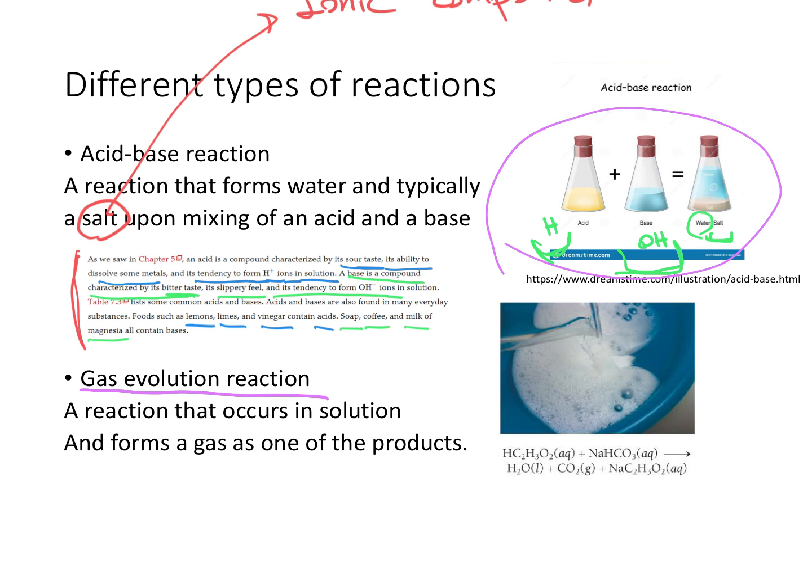Just the volcano eruption example that I gave at the beginning of the class, right? You have baking soda, you mix it with vinegar, and then you see carbon dioxide being generated, right? So a reaction that occurs in solution and forms a gas as one of the products, that would be a gas evolution reaction.